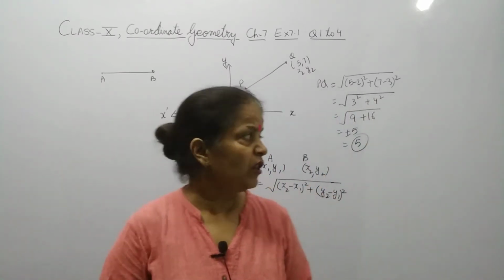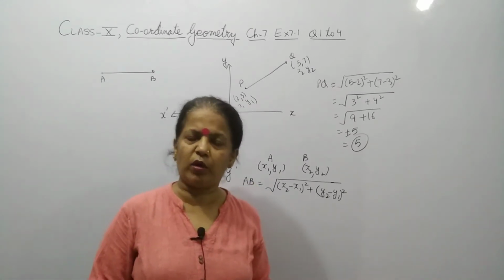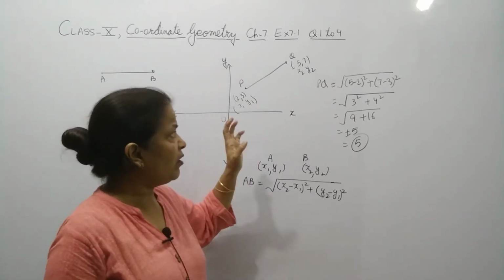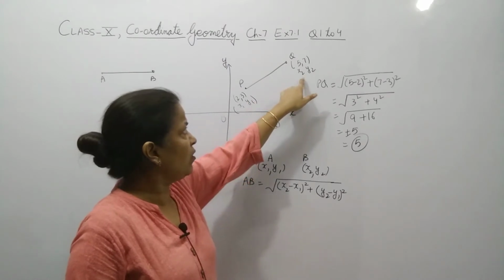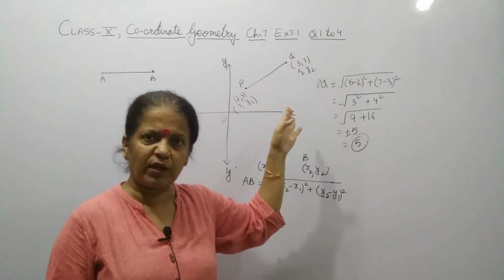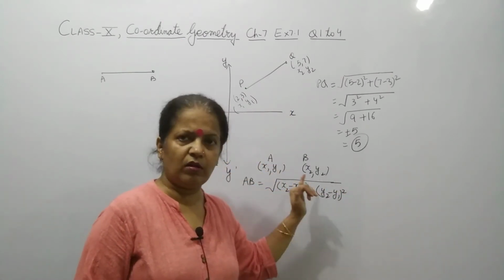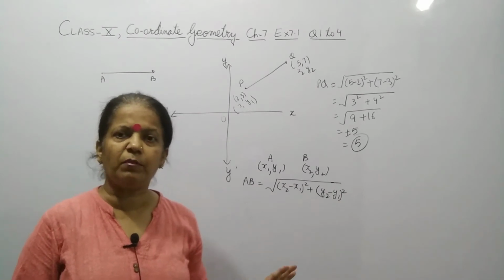Is it clear? So this distance formula, we are going to use it over here. And remember, x1, y1 or x2, y2, you can interchange their position also. Then also you will get the same answer. Remember, since it's a square, the answer cannot be negative.